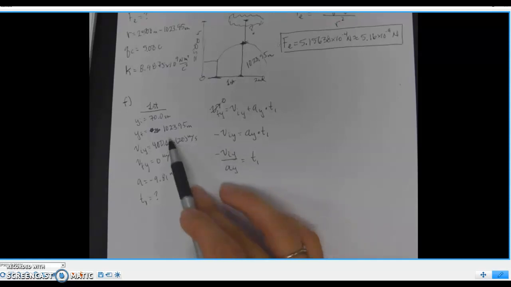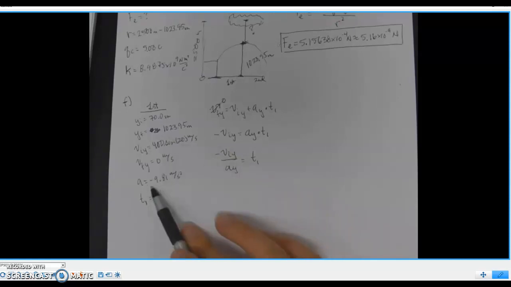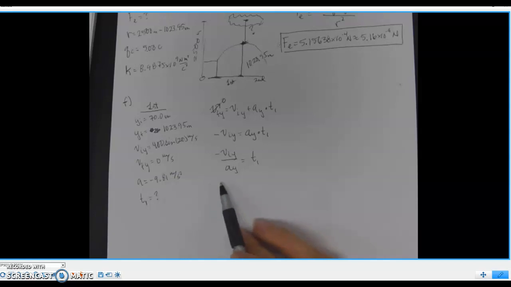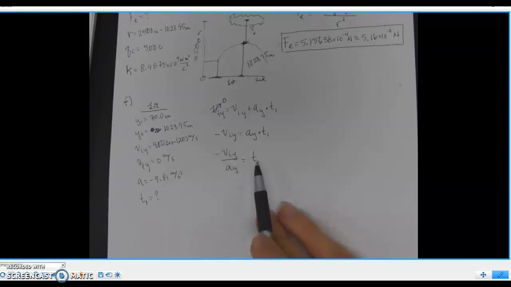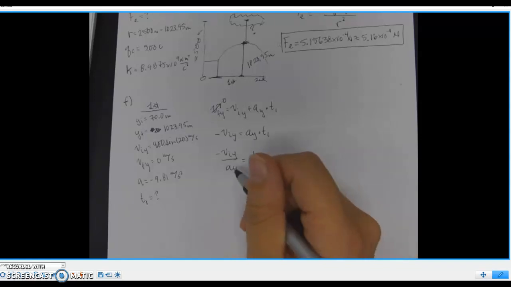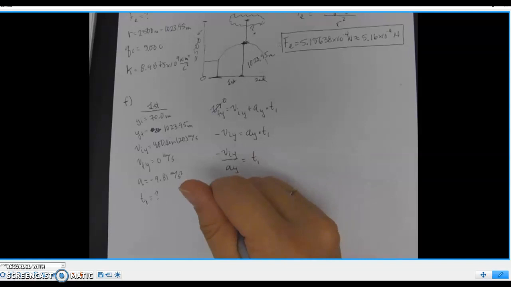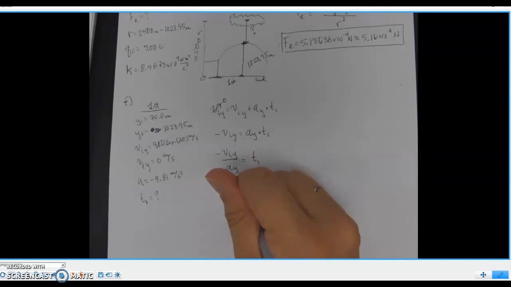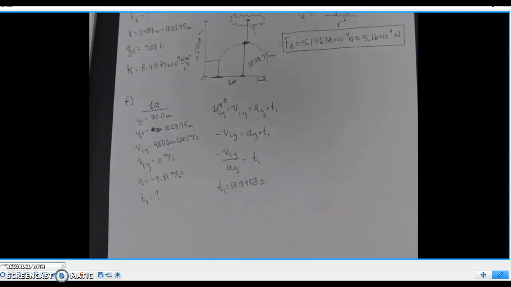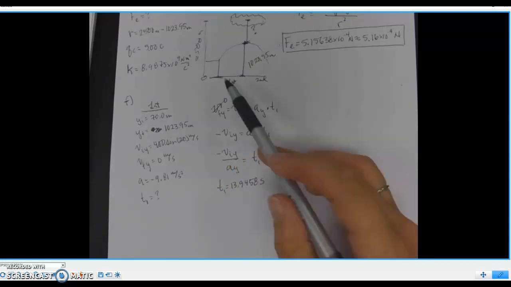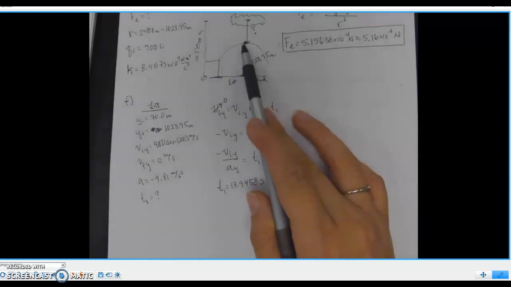So I'll take the negative of this and then divide it by my negative acceleration, so those will cancel. As far as negative sign goes, that leaves me with a positive time. That's good, that makes sense. I plug that into my calculator and I get a time of 13.9458 seconds. And I'm not rounding for sig figs yet because that's not my final answer, that's just the time of the first part here.